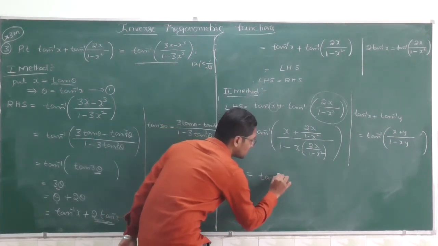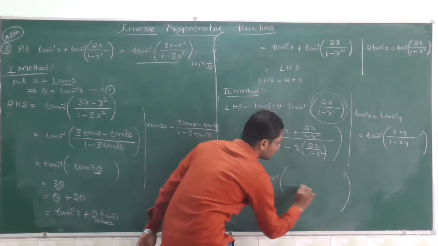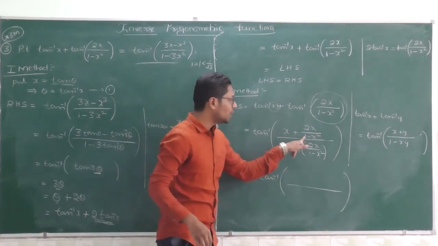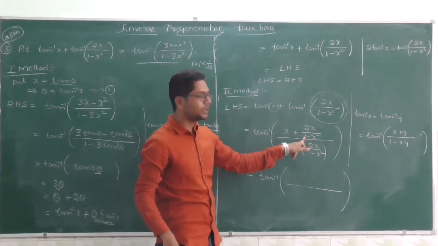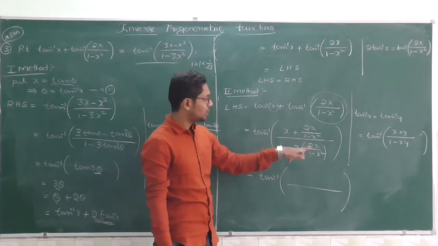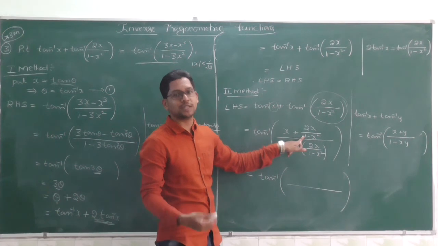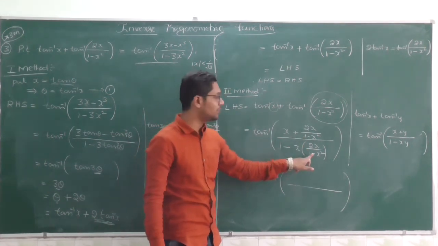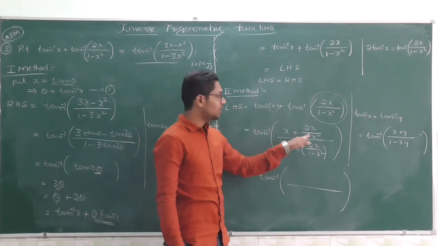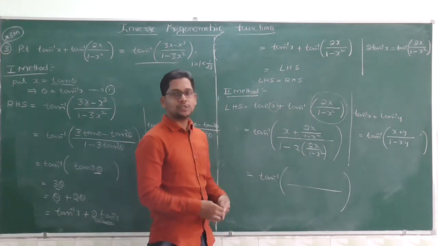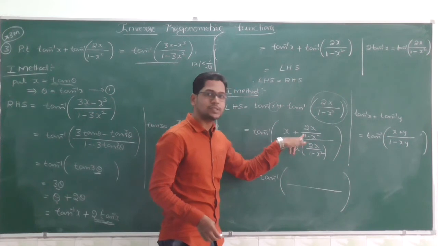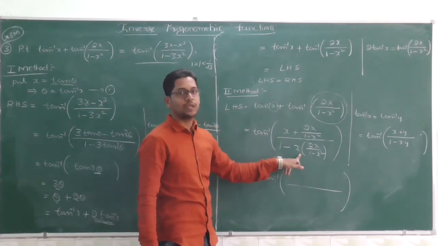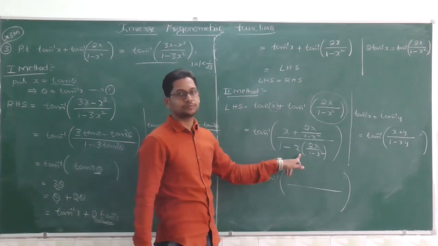Now you just simplify it. In the numerator we have the LCM 1 minus x square, and similarly in the denominator we have the LCM 1 minus x square. It is understood that the numerator LCM and denominator LCM will get cancelled, so I am not going to write that step.